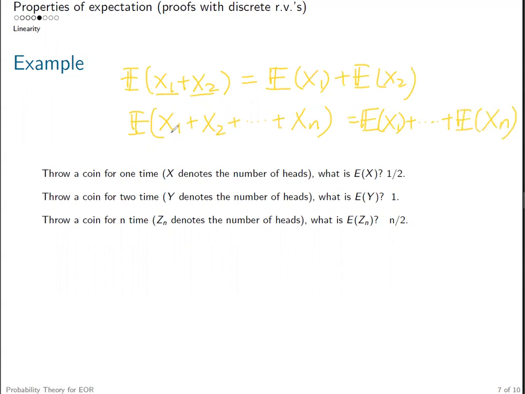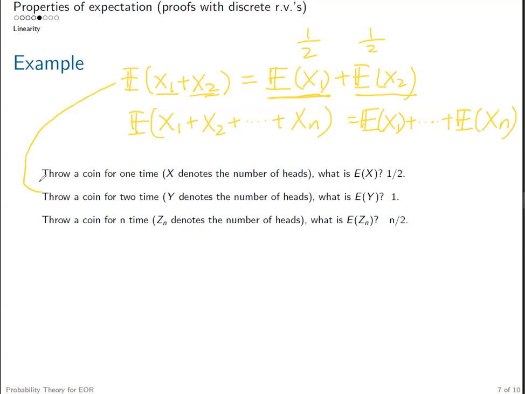Note, if we use Xi to denote the number of heads in the i-th throw, the Xi have identical distributions. And we know distribution determines expectation. So all those values are equal to half in this simple example.